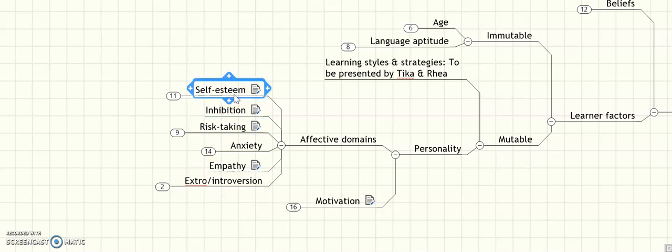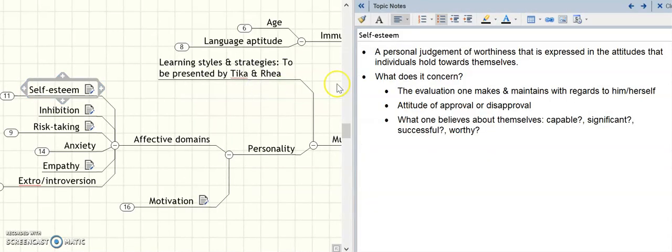Self-esteem, more or less, is about how we view ourselves, how we value ourselves. Do we value ourselves highly, or do we underestimate ourselves? It is a personal judgment of worthiness that is expressed in the attitudes that individuals hold toward themselves.